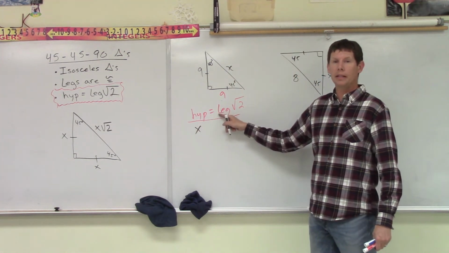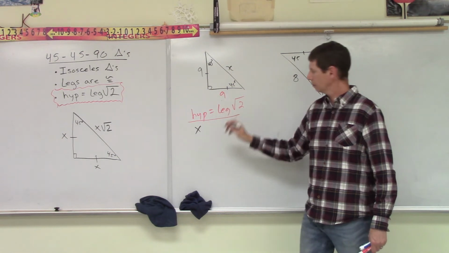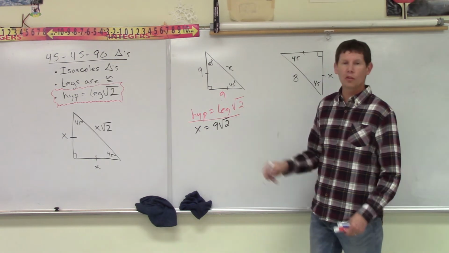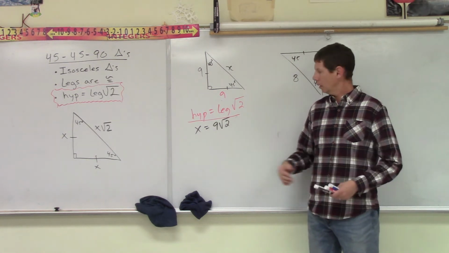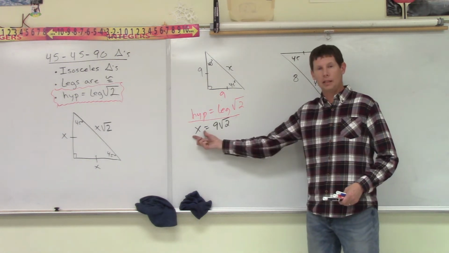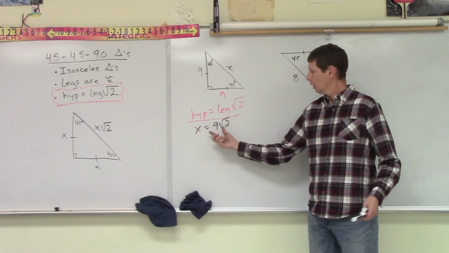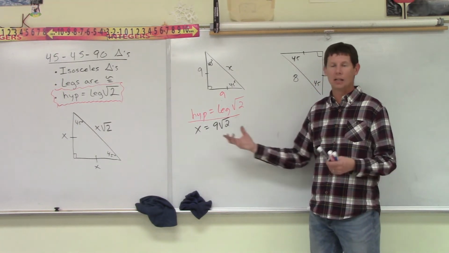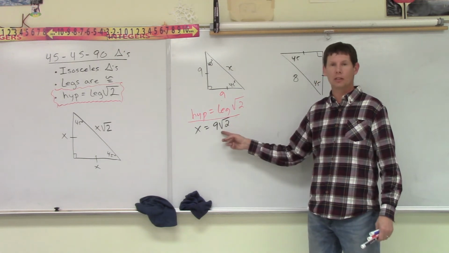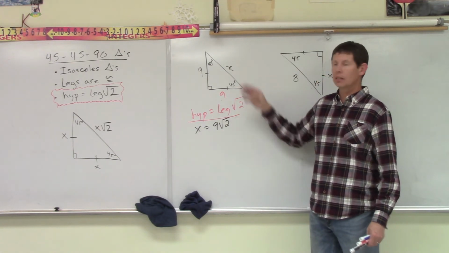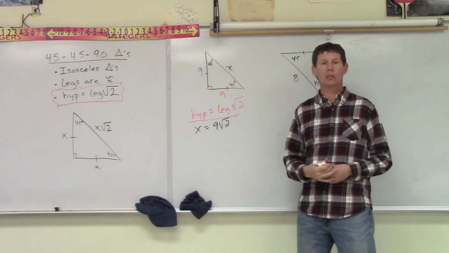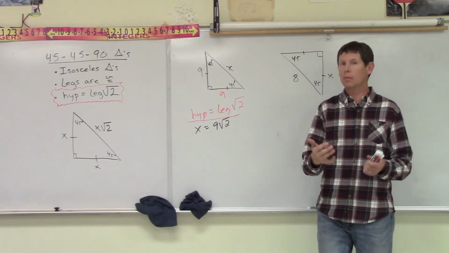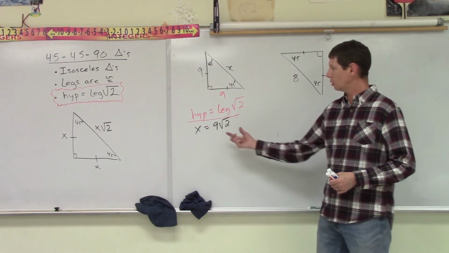The length of a leg, that's 9. The square root of 2 is always there. Our variable is isolated: 9 outside the radical, the square root of 2 inside. They cannot be combined, so this is our answer. The length of the hypotenuse is 9 times the square root of 2. And we are going to be looking to keep these answers in simplest radical form.